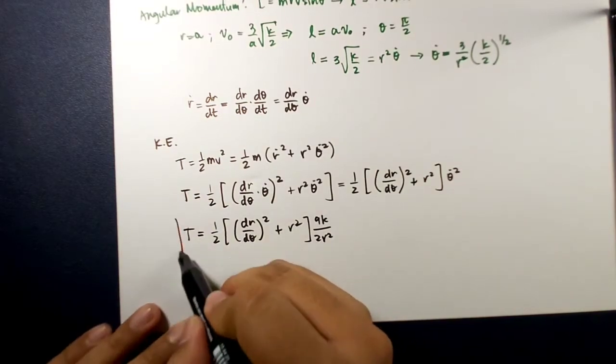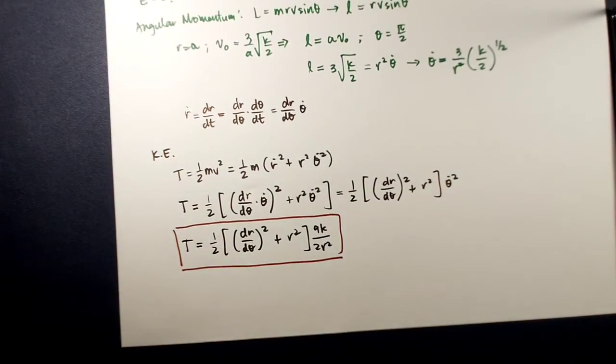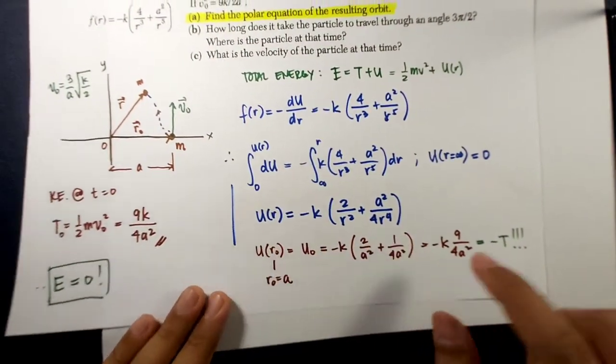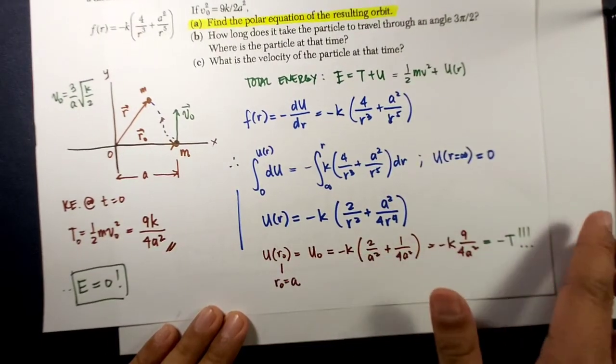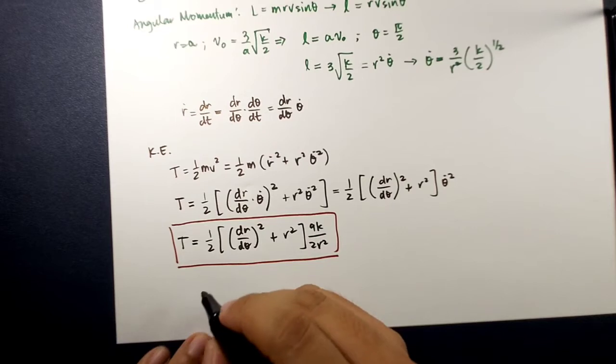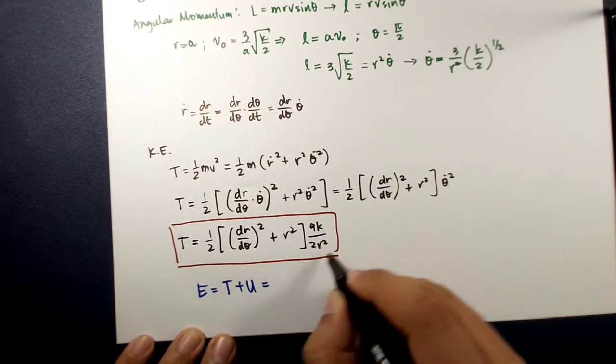So this, together with our expression for u, the general equation of energy of the orbit becomes T plus U equals this.